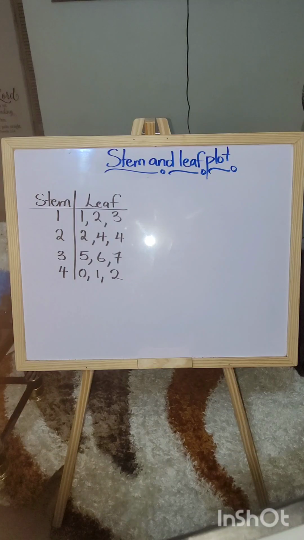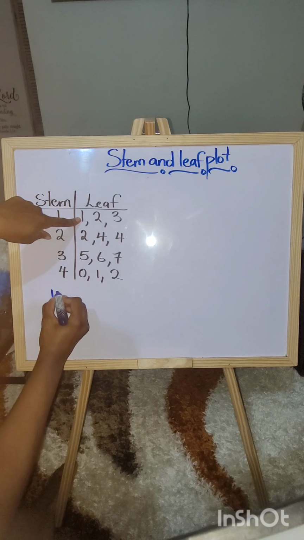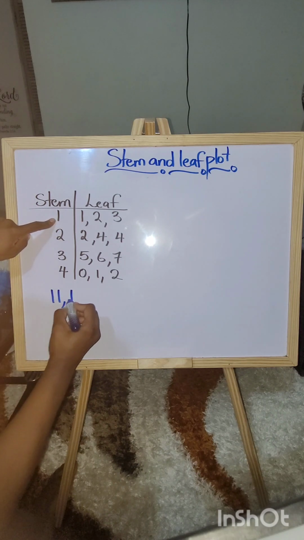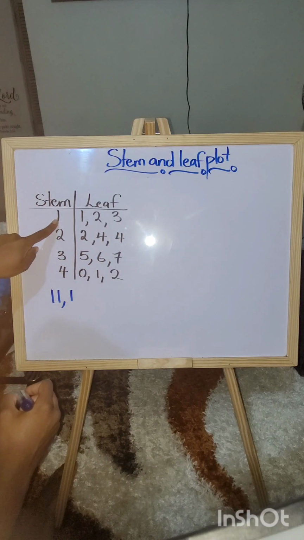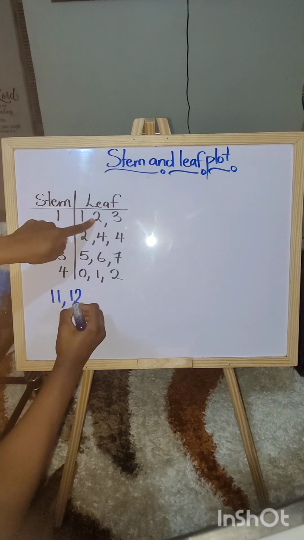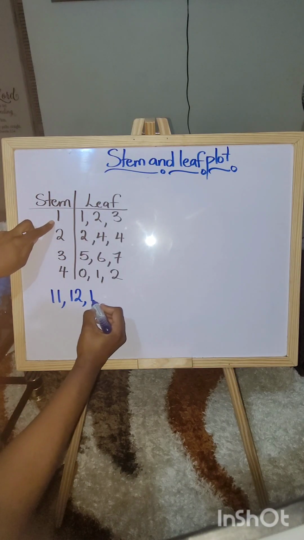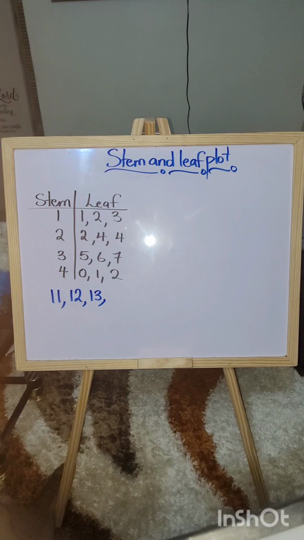Now, when you take a look at it, the first stem is a 1 and the first leaf is a 1. So that's 11. Now this stem here represents all the numbers here. So the stem is a 1 and our second number is a 2. So that's 12.